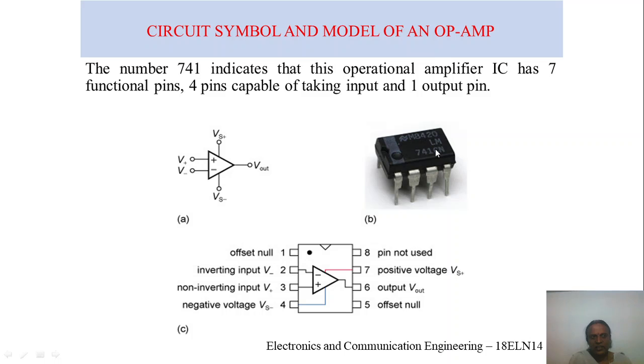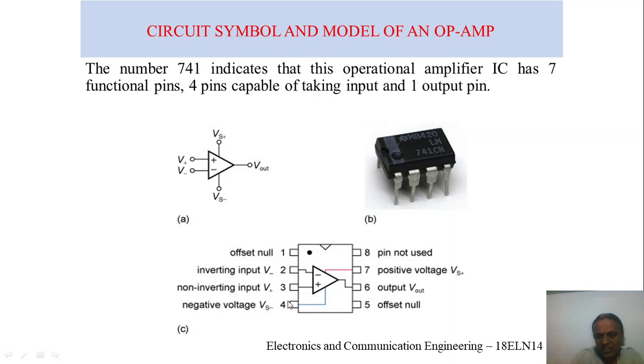now we will go slowly into the depth of the internal architecture, like how it has been represented. Internal architecture in the sense here, it is an 8-pin IC: 1, 2, 3, 4, 5, 6, 7, 8.